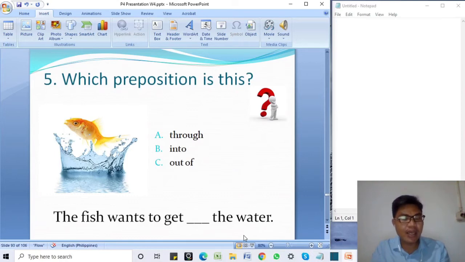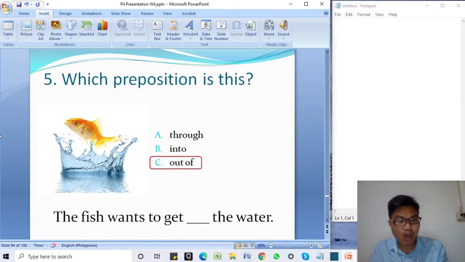Is it B? The fish wants to get into the water. Or is it C? The fish wants to get out of the water. What do you think is the right answer? The right answer is letter C. The fish wants to get out of the water.